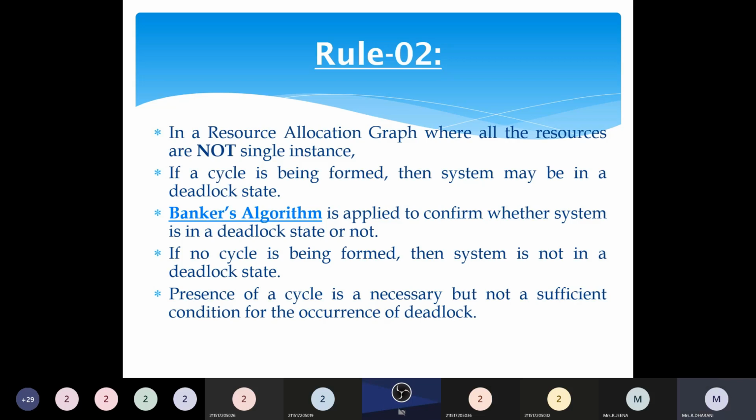So I think the concept is clear for you, and in the next video we will see various practice problems based on this resource allocation graph and how we can easily detect the deadlock. Thank you, students.